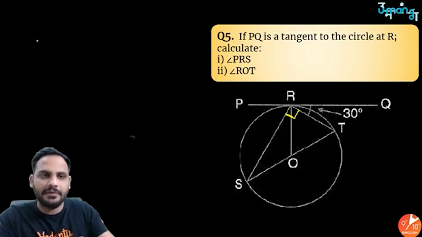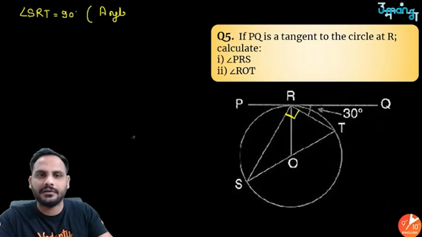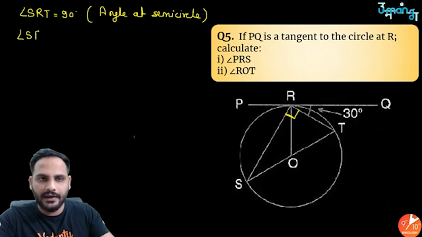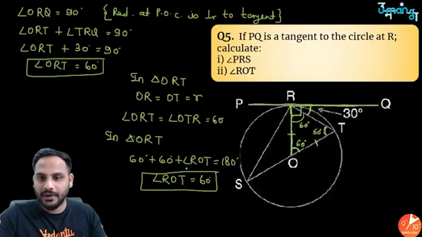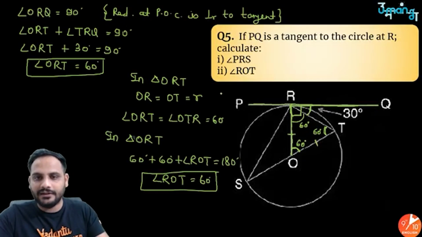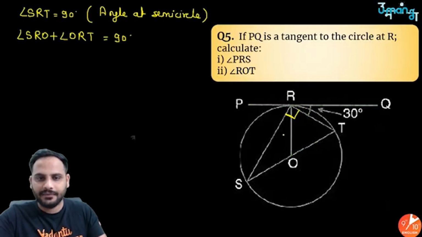Because ST is a diameter, angle SRT is equal to 90 degrees, because angle in a semicircle. So angle SRT is equal to angle SRO plus angle ORT, which is equal to 90 degrees. Angle SRO I do not know, but I know angle ORT is equal to 60 degrees, right?